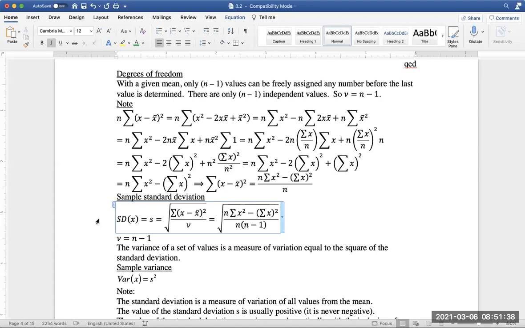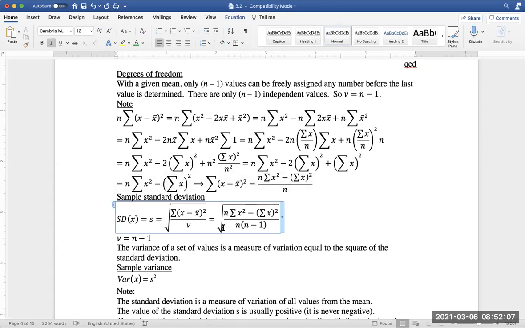Or we could denote the standard deviation by the letter S. It's defined as the square root of the sum of x minus the sample mean squared, all divided by my degrees of freedom. Now, the sum of x minus x bar squared from above is this.